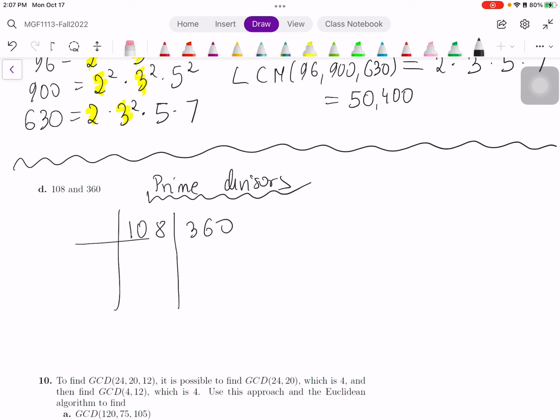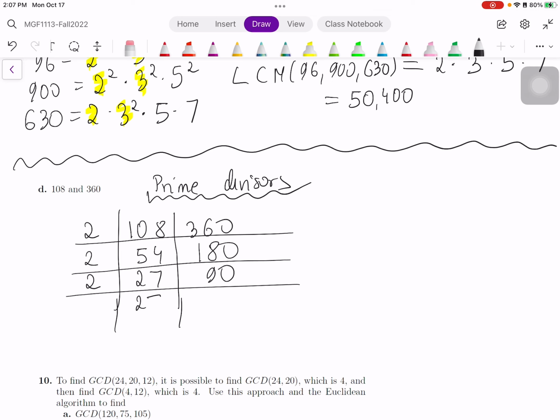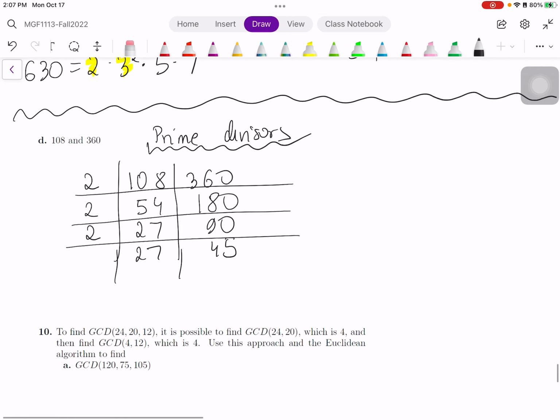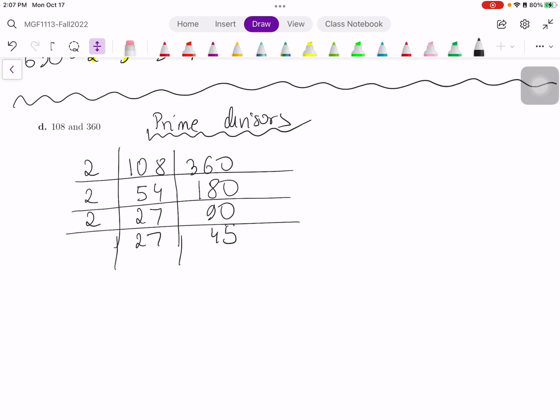Remember, that's the one where you start dividing by the first prime divisor. So 2. 54 and 180. You can still divide at least one of them by 2, actually both. You can still divide by 2 because 90 is divisible by 2 and 27 is not, so we'll stay the same. None of the numbers is divisible by 2 anymore.